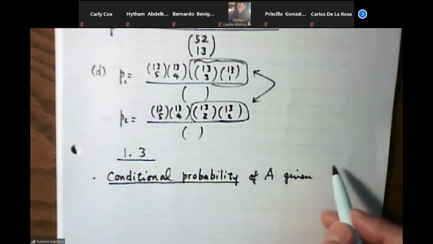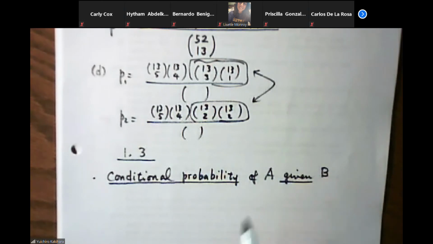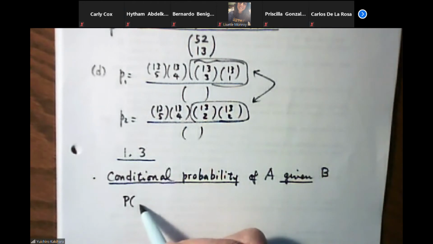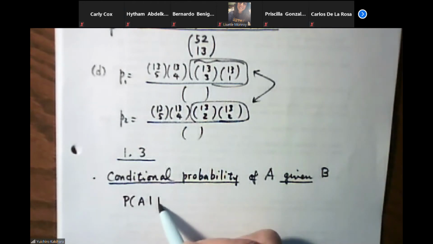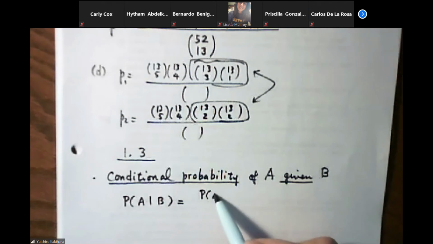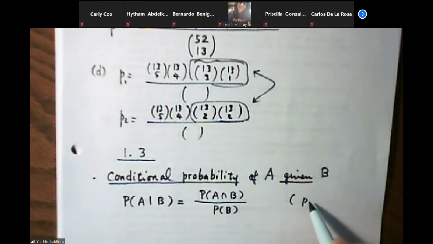Probability of A given B. Okay. This is denoted by P of A given B. Remember this? How did we define it? It is the probability of A intersection B divided by the probability of B. In this case, we need to assume that P of B is positive, otherwise this is not defined.